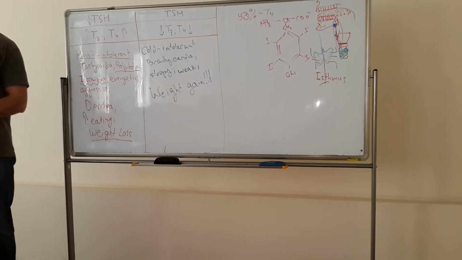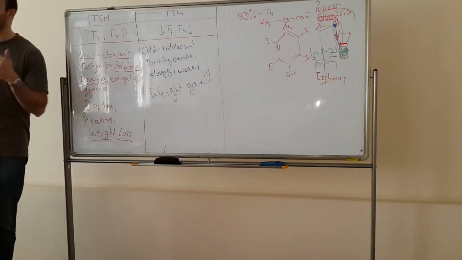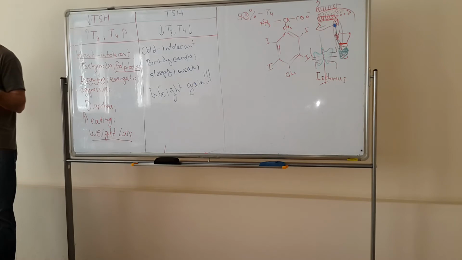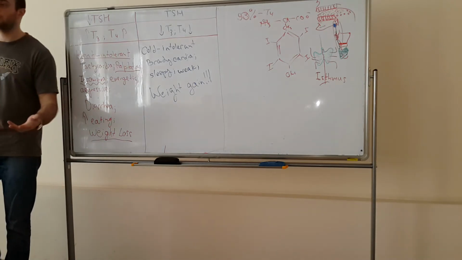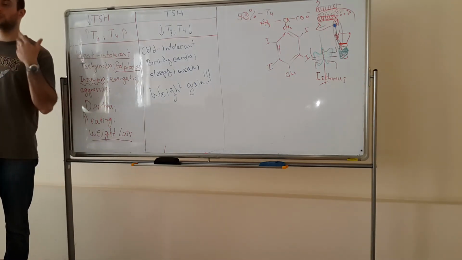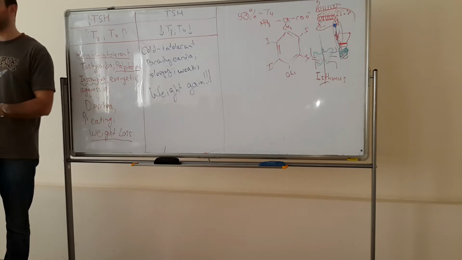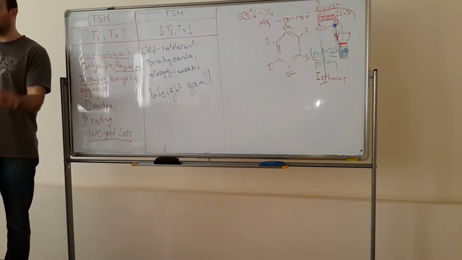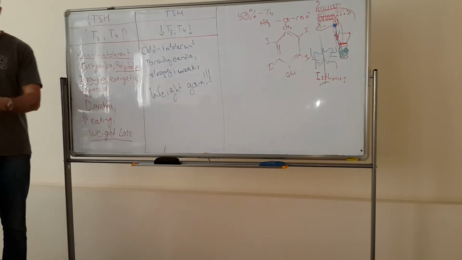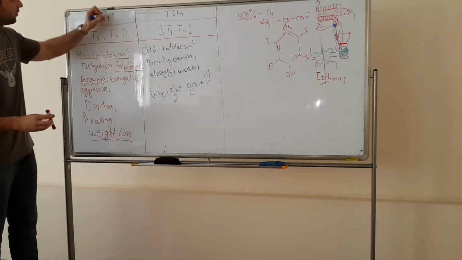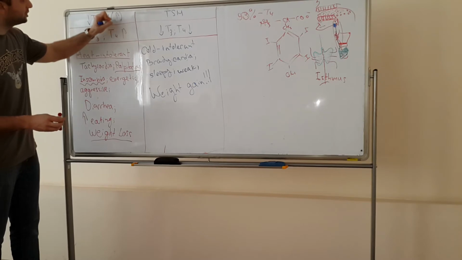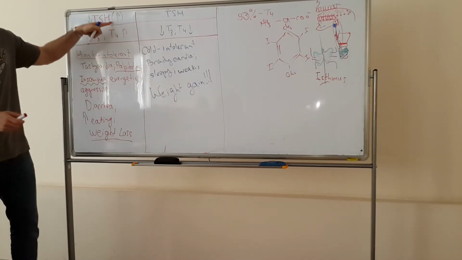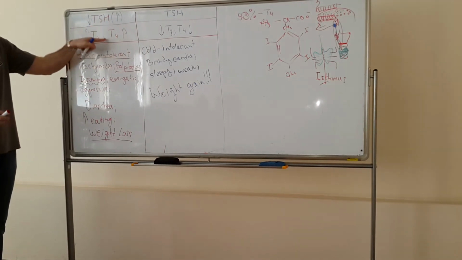So now maybe the pituitary went crazy and started producing a lot of TSH. Because it produces a lot of TSH, the thyroid has only one choice: to respond to the high TSH and produce a lot of T3 and T4. So if it's because of the pituitary, TSH will be high, and because TSH is high, T3 and T4 will be high.